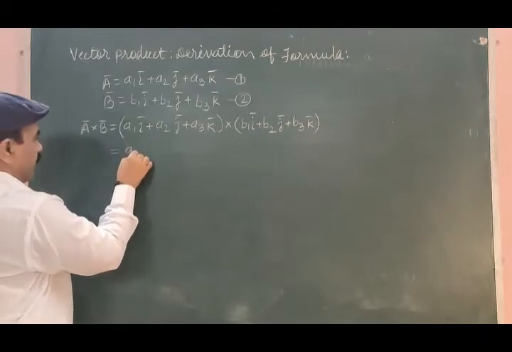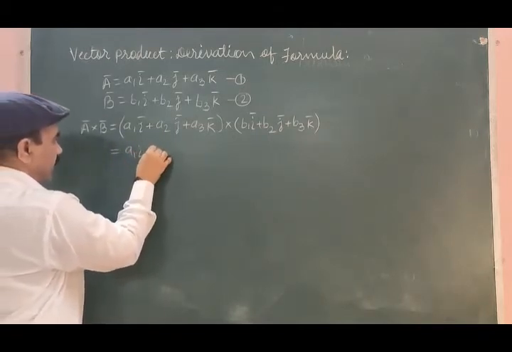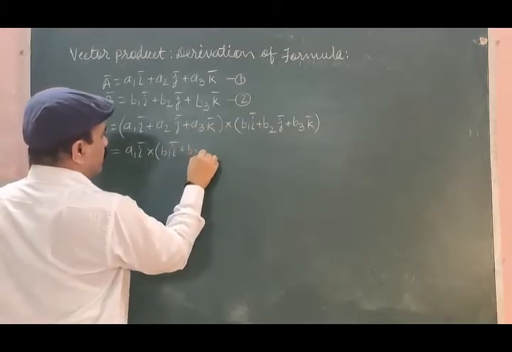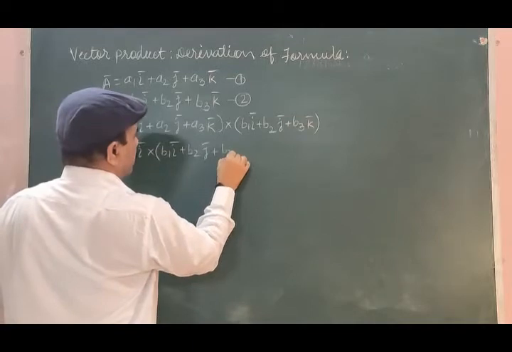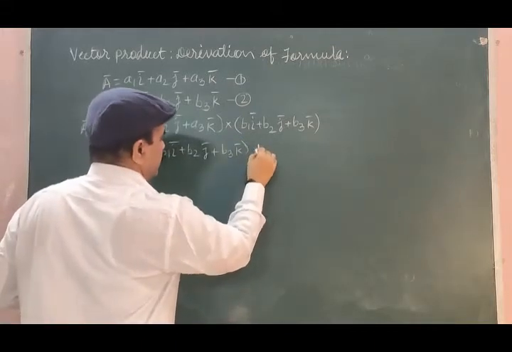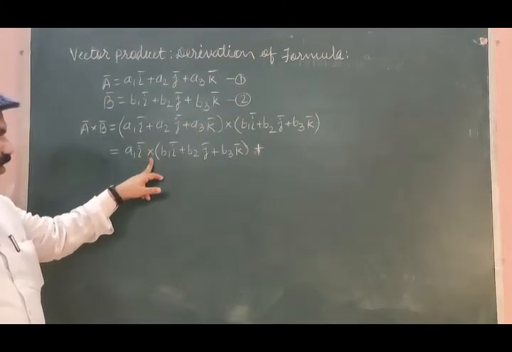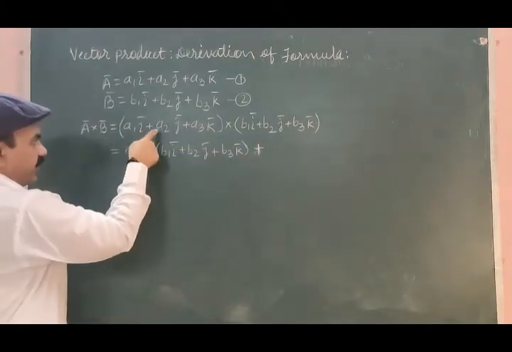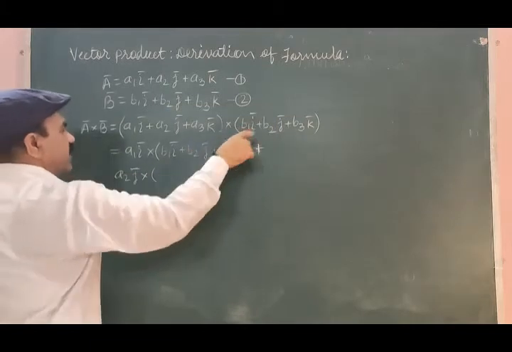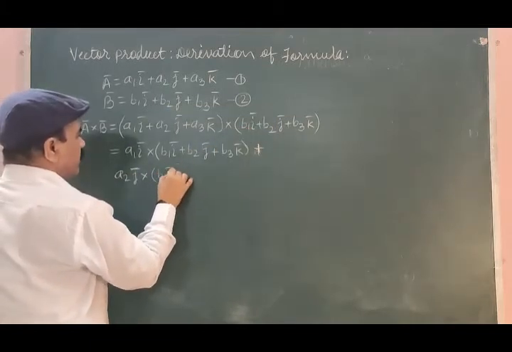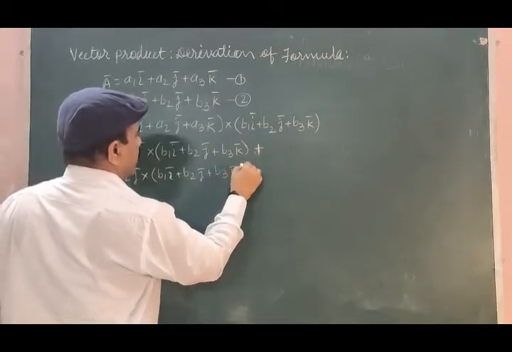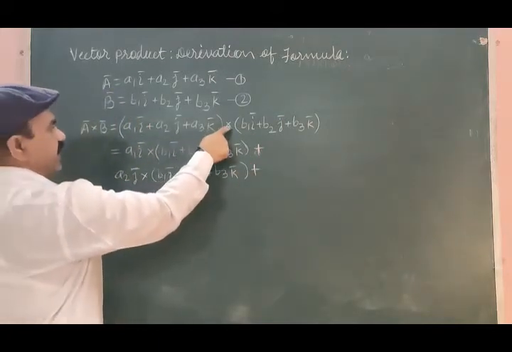This is equal to a1i cross the whole bracket, plus a2j cross again the whole bracket, plus a3k cross the whole bracket.